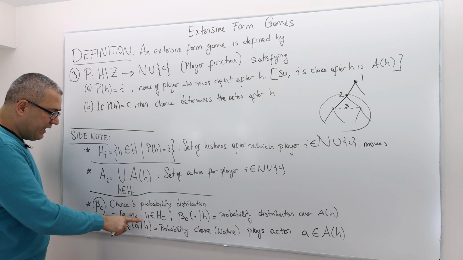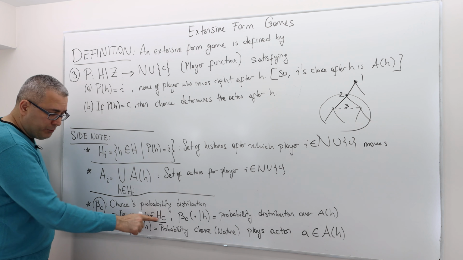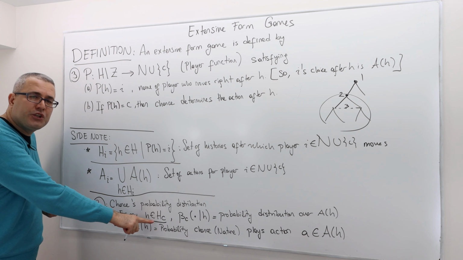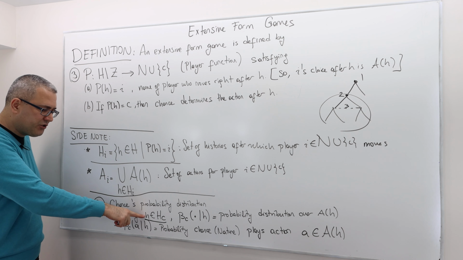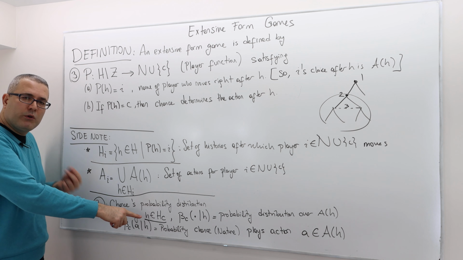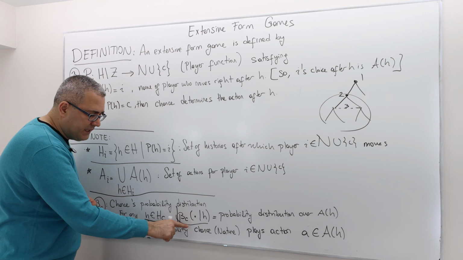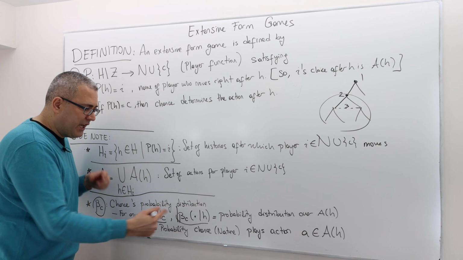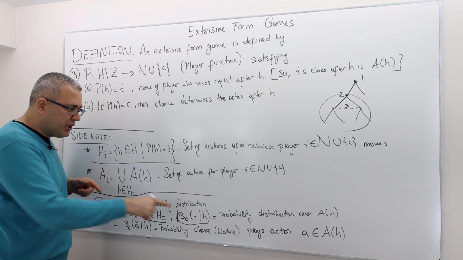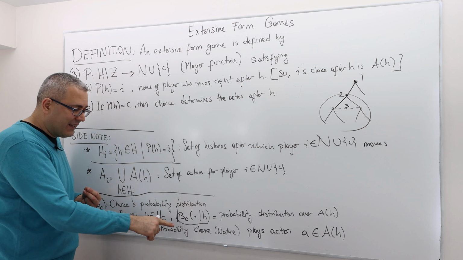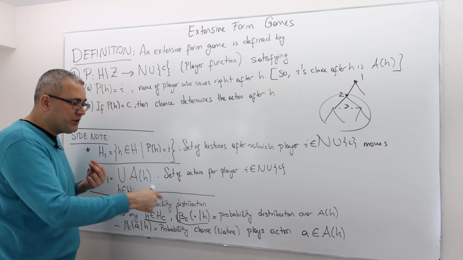So for any history H which belongs to nature, meaning right after this history H, nature is going to make a move, we denote beta sub C slash H: after H, what is the probability that nature is going to choose an action?